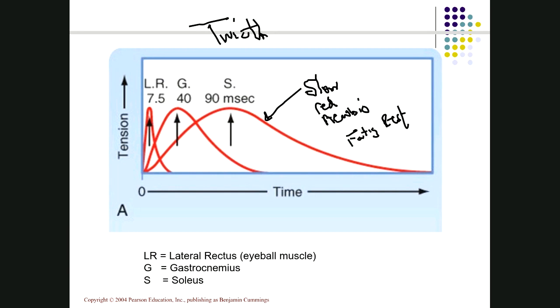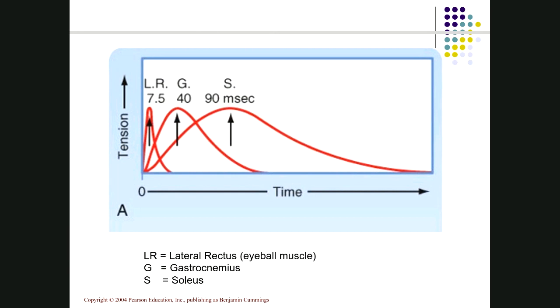And then if you look over here at these are those fast twitch. Look how short that cycle is. It's only this long and it's over with. They're white. Remember, they're very powerful, strong muscles, but they get tired very easily. They tire or fatigue quickly.